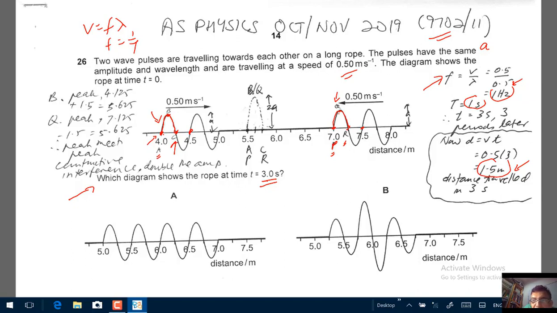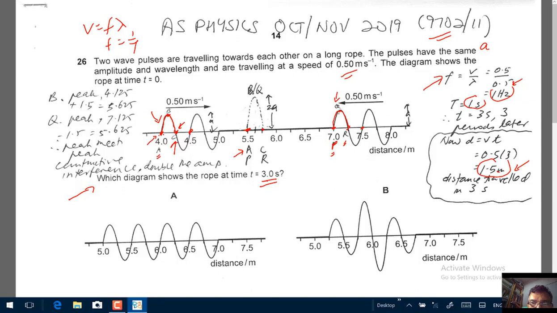meters. Now in 3 seconds, this point here will travel how much? 1.5 meter. So it will get to 4 plus 1.5, which is 5.5. That's what you see A here in 3 seconds. Then what about C? C is here, which is 4.25. You add 1.5 to it and you get 5.75.